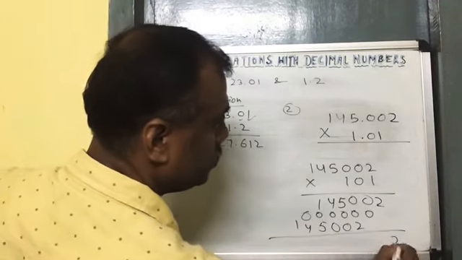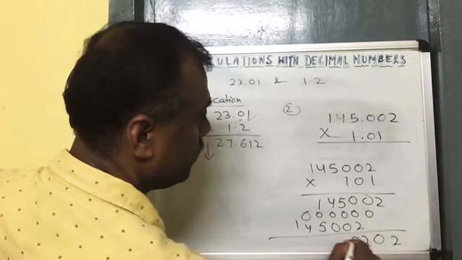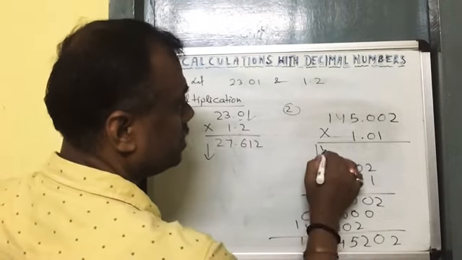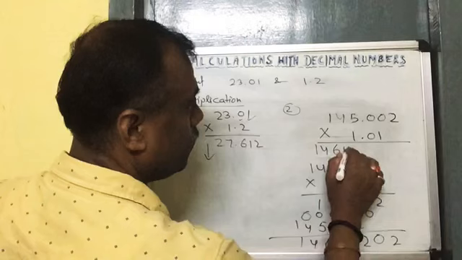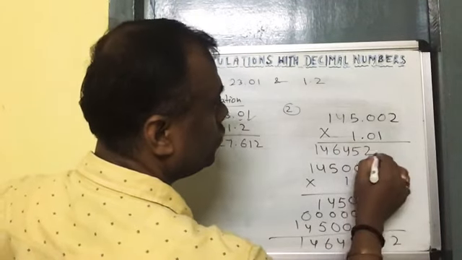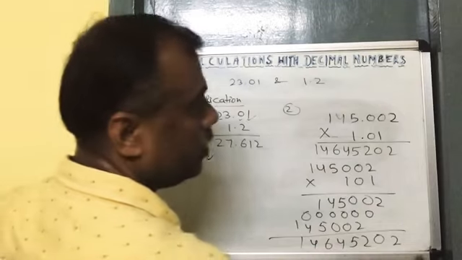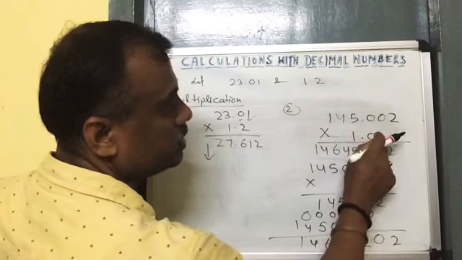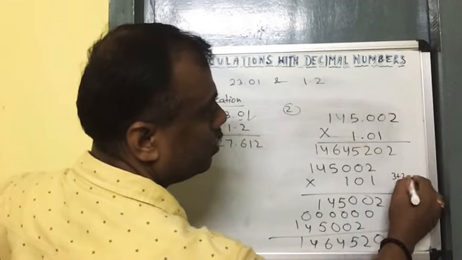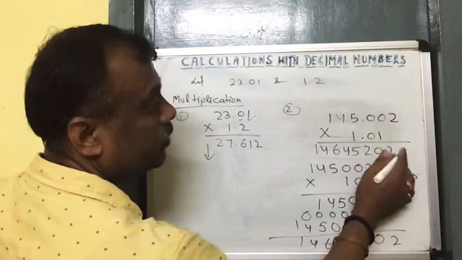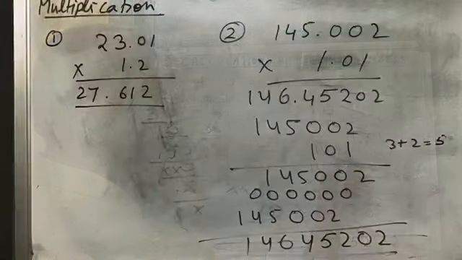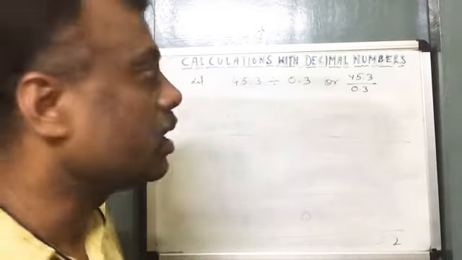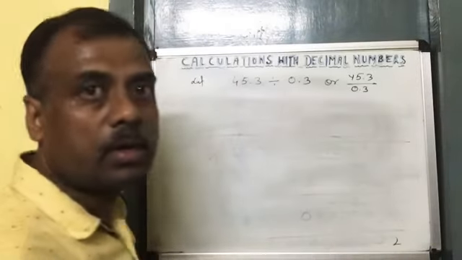Now add this: 2, 0, 2, 5, 4, 6, 4, 1. So this will be our answer, 14645202. But where will be the point? 1, 2, 3 after 3 places plus 2 places, 3 plus 2 equals 5 places. We will put our decimal: 1, 2, 3, 4, 5. So see, when the point is there, our mind becomes confused or it becomes a little bit complex.